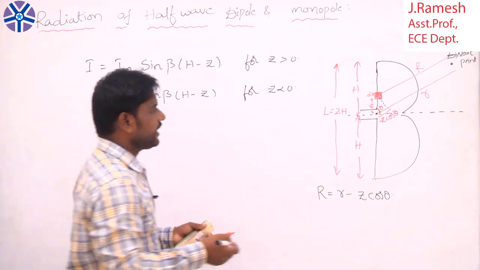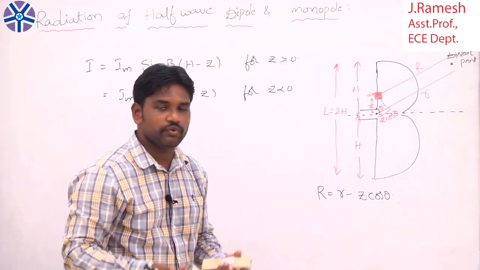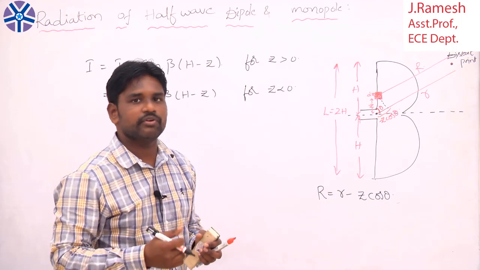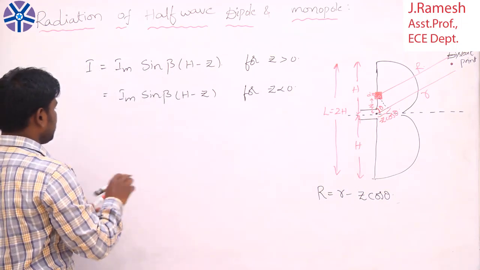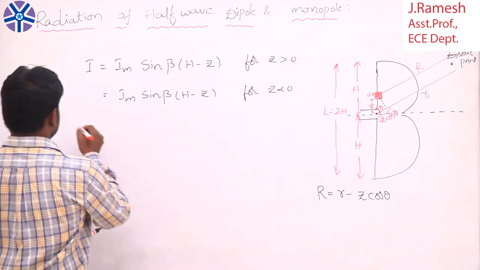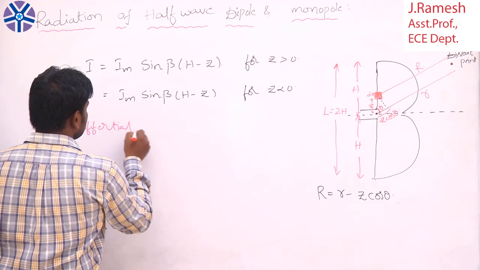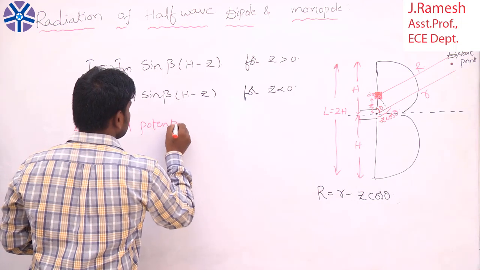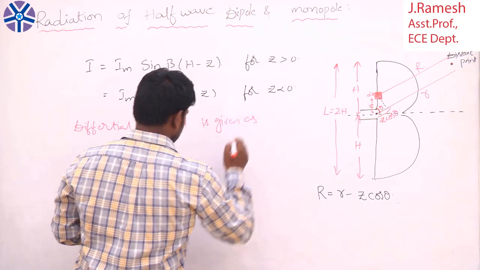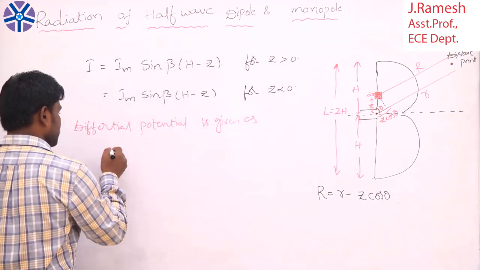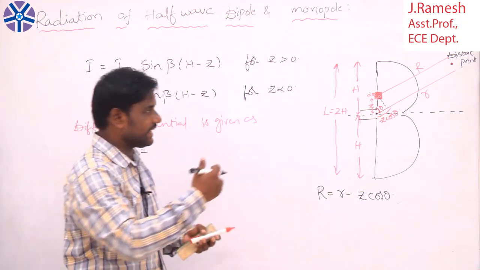My point is, at a distinct point P, how much differential potential are we going to get? Earlier we studied the retarded potentials, so from that knowledge I am going to write the differential potential. It is given as d A z, because it is completely along the z direction only.